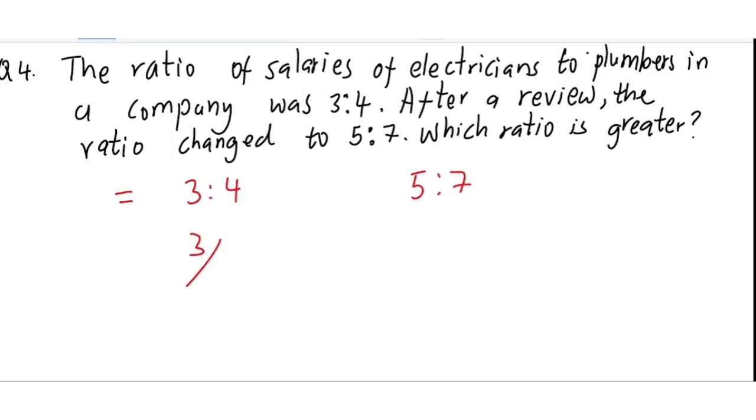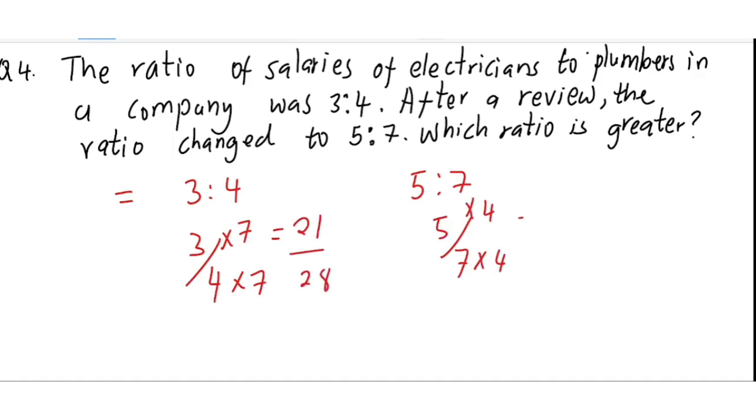You do the same thing, 3 over 4, 5 over 7. Multiply by 7 here, this gives you 21 over 28. This one multiply by 4, gives you 20 over 28. So obviously, which ratio is greater? The 21 over 28, which is 3:4.